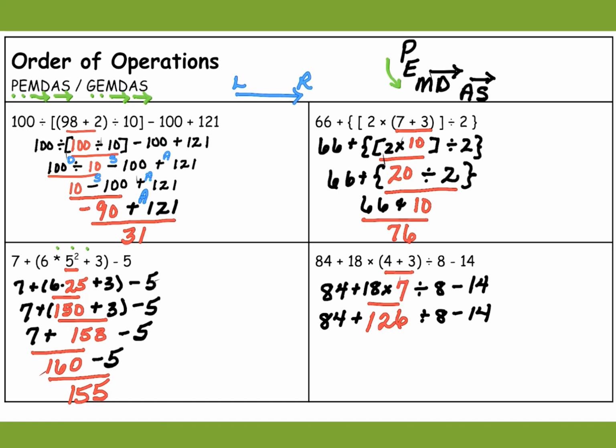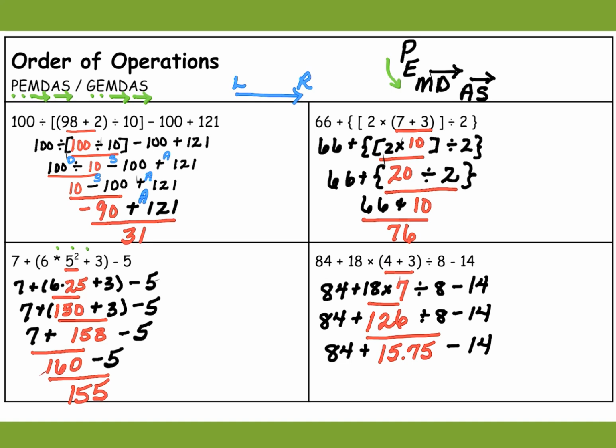Next, we do division. Now we have 126 divided by 8. That equals 15 7/75. Next step, we bring everything down.